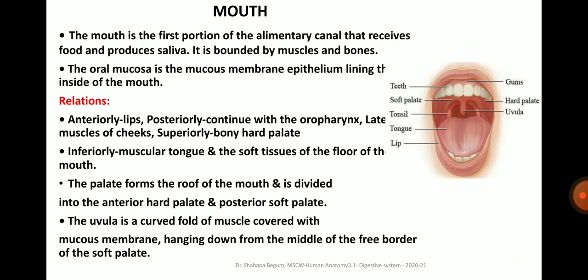So the part of the mouth or buccal cavity outside the gums and teeth is called the vestibule, and the remaining part is the mouth proper. The palate is divided into the anterior part, which is called the hard palate, and the posterior part called the soft palate.